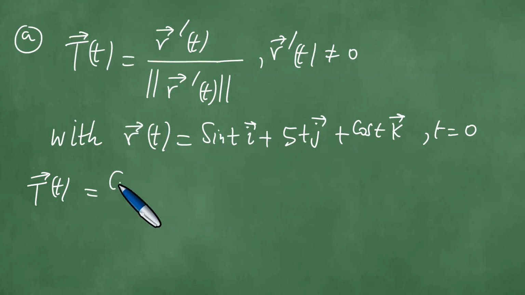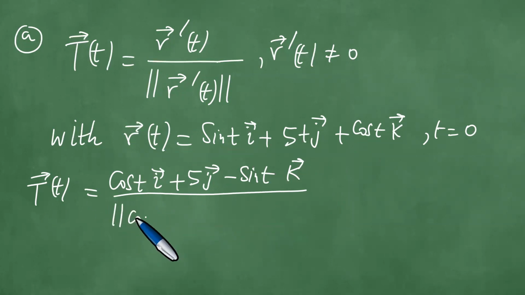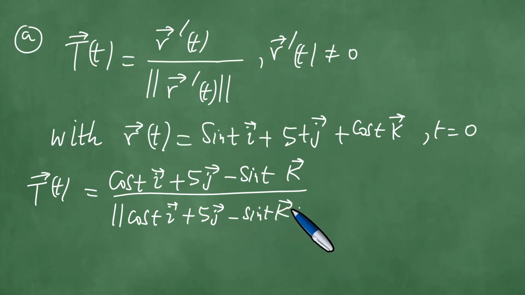The derivative of the sine is cosine t i plus 5j minus the sine of t k. And now you divide these by the length: cosine t i, 5j, k. And this is exactly what we have here.